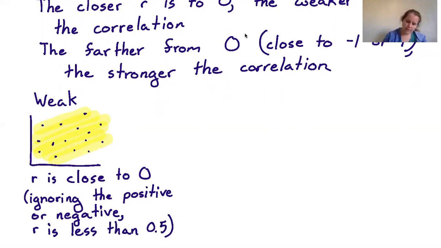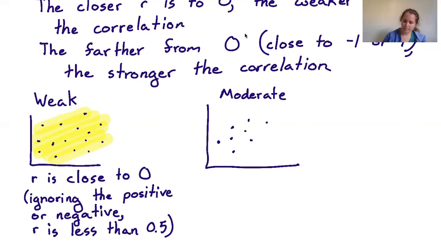Then we might say something is moderate. The correlation is moderate, so we have a much clearer pattern. My band is narrower here. The pattern is more obvious.